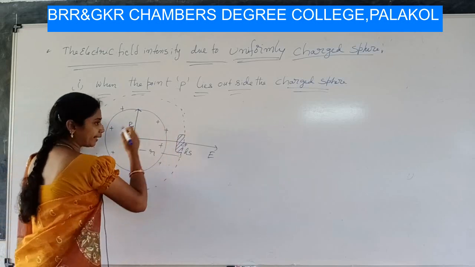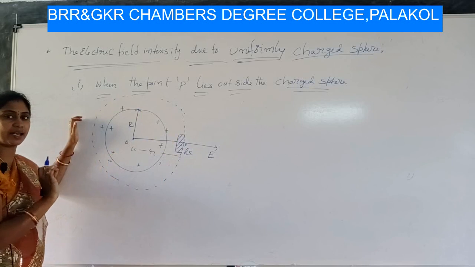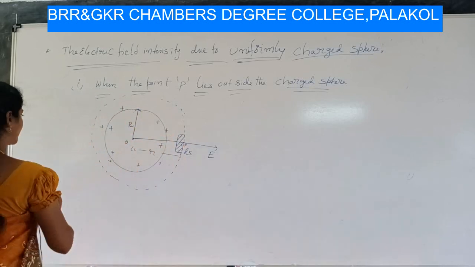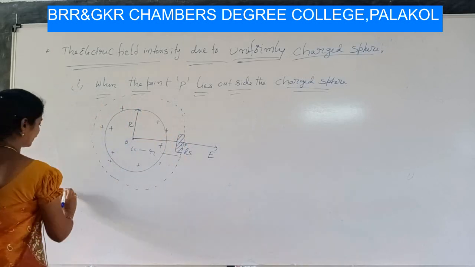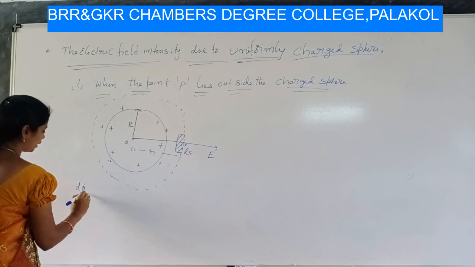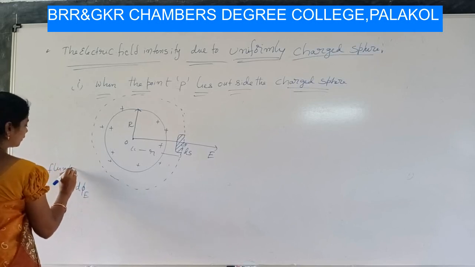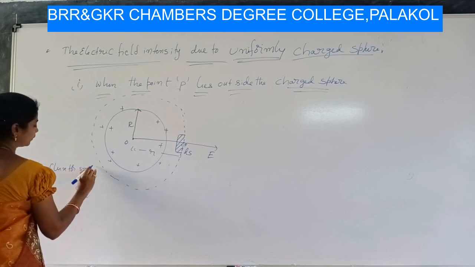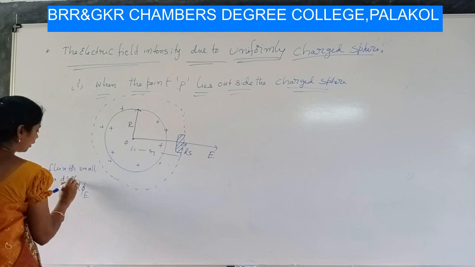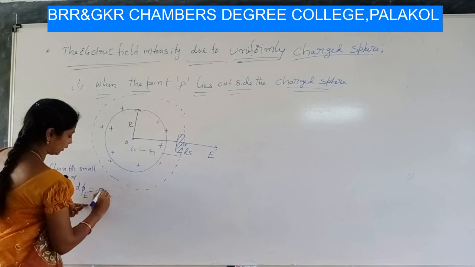Okay, for calculating the electric flux for this entire surface, we first calculate the flux for this small part ds, as d phi e. The flux for the small area ds is d phi e equivalent to E dot ds.